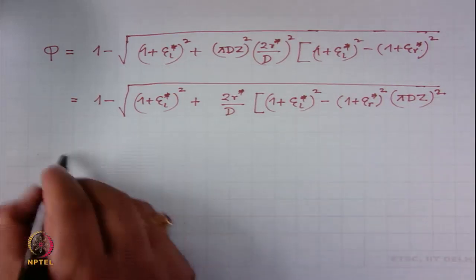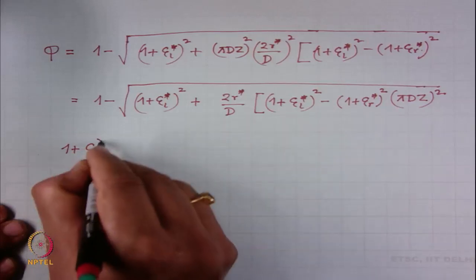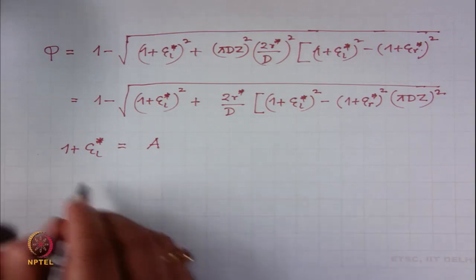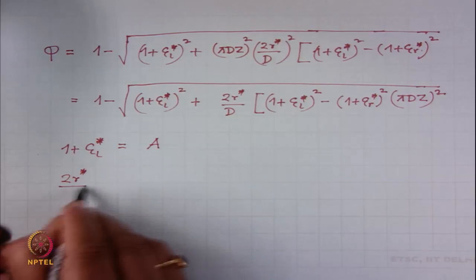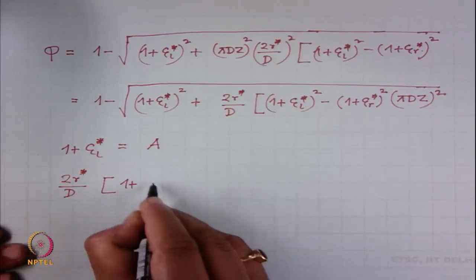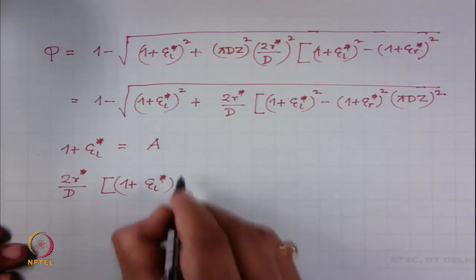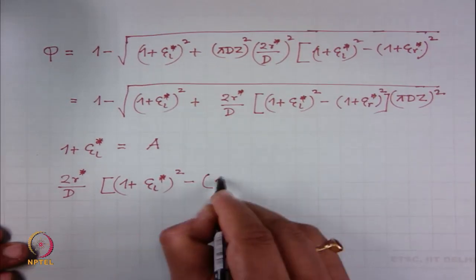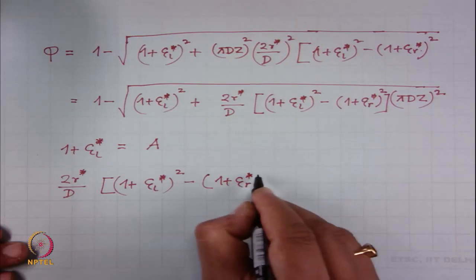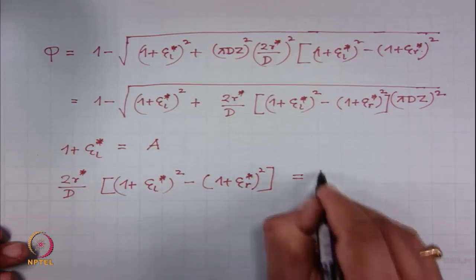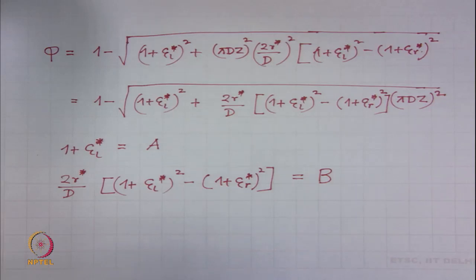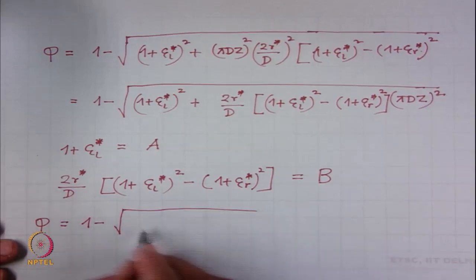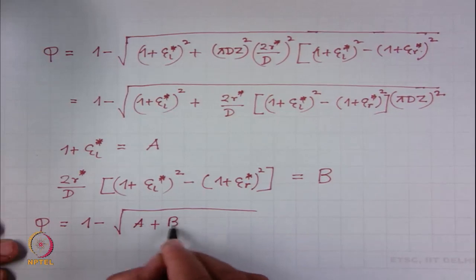Then we consider 1 plus epsilon L star as equal to A, and 2 r star by d into 1 plus epsilon L star minus 1 plus epsilon r star, this we consider as B. Then we will be able to write yarn shrinkage 1 minus root over A plus B into pi dz.